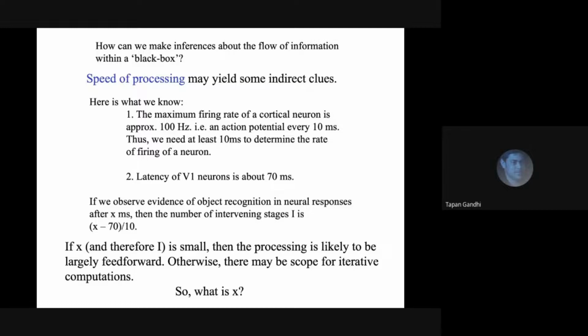You already know that 10 comes from the neural firing rate, and 70 is when the V1 neurons respond, and x is the time taken in milliseconds, right? So if x is small, then the processing is likely to be largely feed forward. Otherwise, there may be scope for iterative computation.